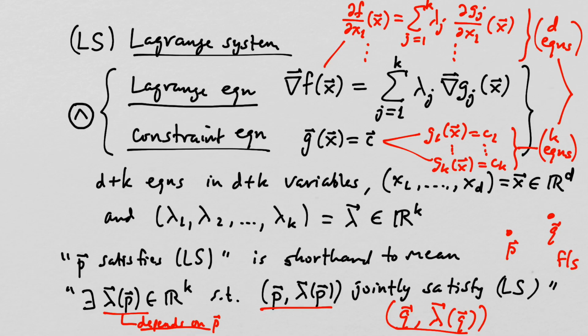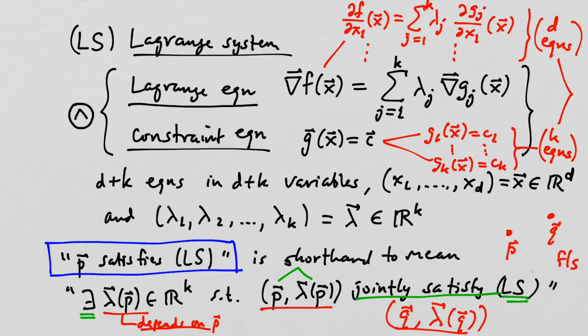Okay, but the existence of such a lambda vector in K-space, such that when you pair the two of them together, they jointly satisfy the Lagrange system. That's really what we mean when we say, kind of sloppily, that P by itself satisfies the Lagrange system. It means that P satisfies it together with some suitable lambda that exists. Because remember that the Lagrange system is not a system in d variables. The point P only has d coordinates, because it's a point in d-dimensional space.